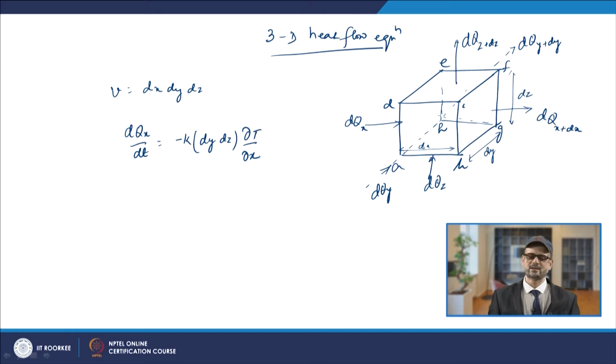So that is the use of the partial differential term. Now if you find the dqx plus dx term, it can be written using the Taylor expansion theorem. You can write it as dqx plus dou by dou x of dqx into dx.